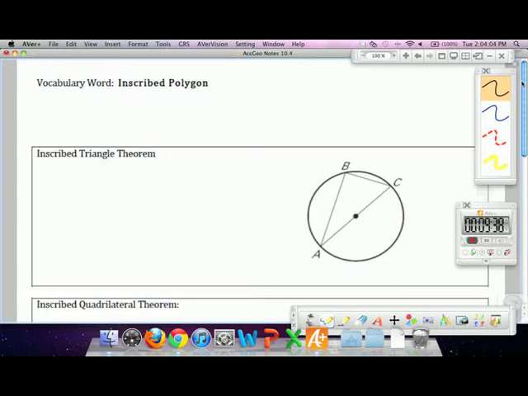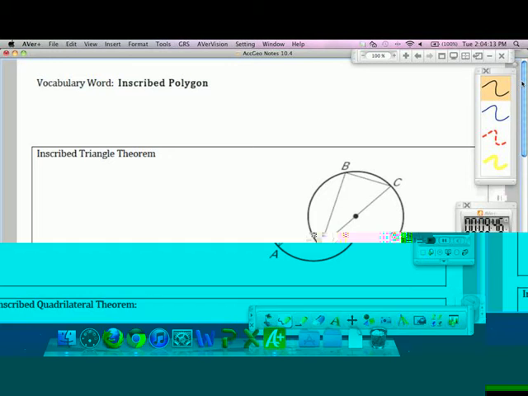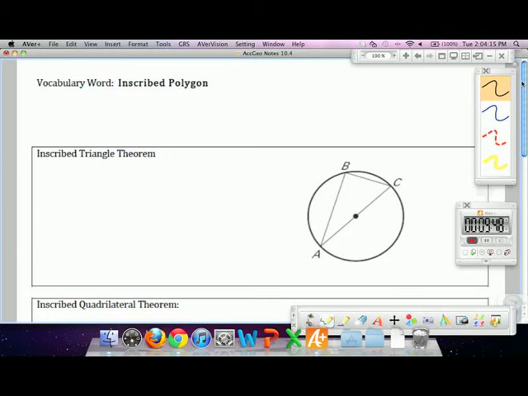So if our inscribed angle has one vertex on the edge of a circle, what do you think an inscribed, say, triangle is going to be? What's going to be special about it? How is the word inscribed attached to our triangle going to affect its shape? What's going to be true about our triangle if it's inscribed?